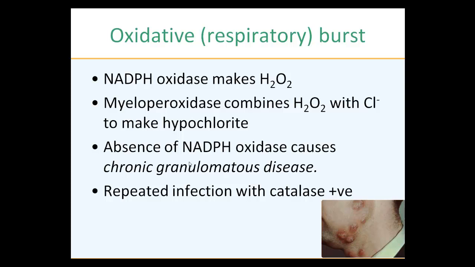And of course, when you don't have these, then you have repeated infections, because your innate immune system is not capable of dealing with the problem as it should. This is not just limited to the neutrophils. Also, the macrophages are capable of producing the oxidative bursts.